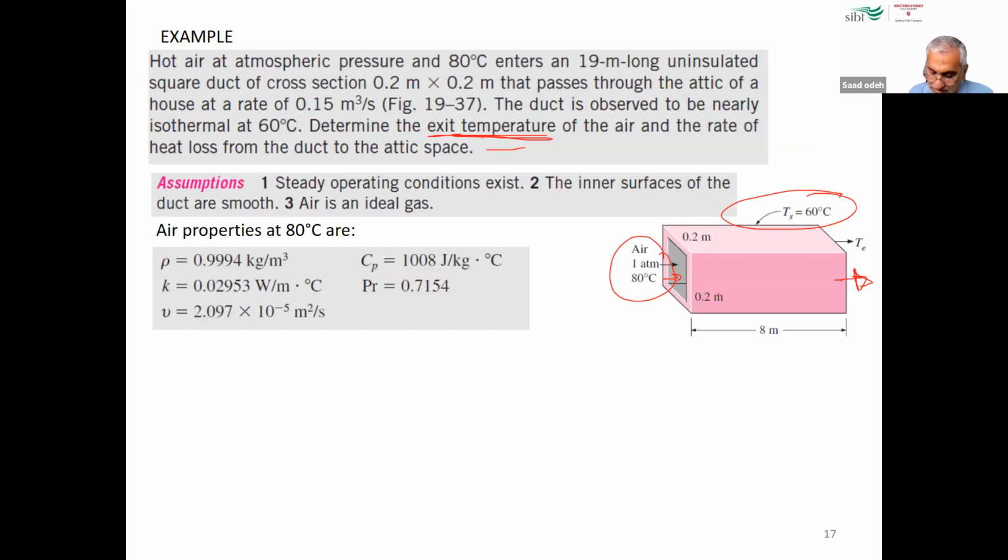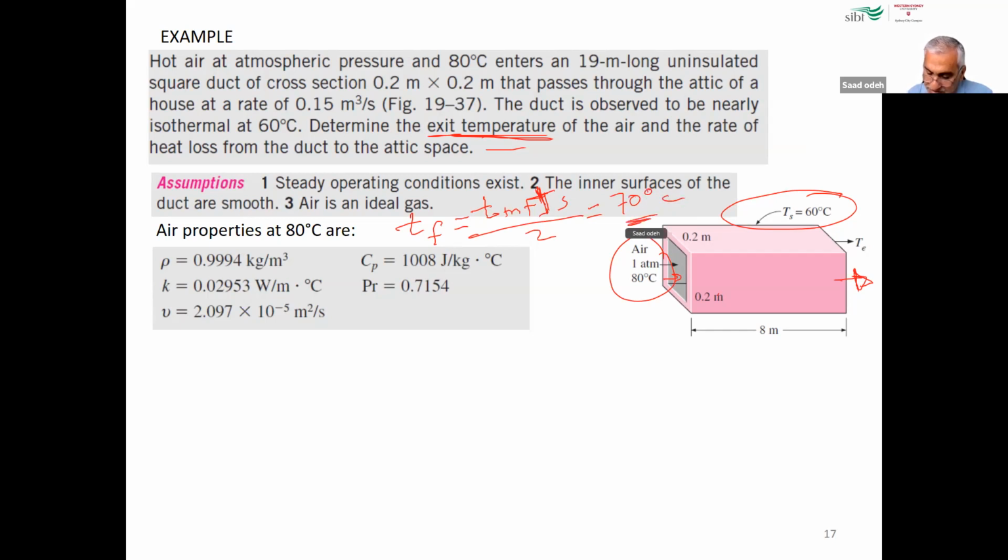And I mentioned before that we always need to find TF, because to have more accurate values for the fluid properties, we use TF, which is Tm plus Ts divided by 2. Ts is 60, Tm is 80, so this gives us 70.